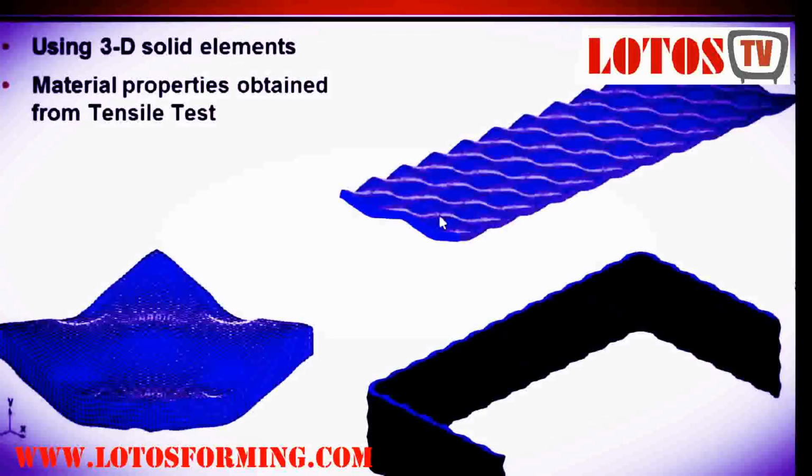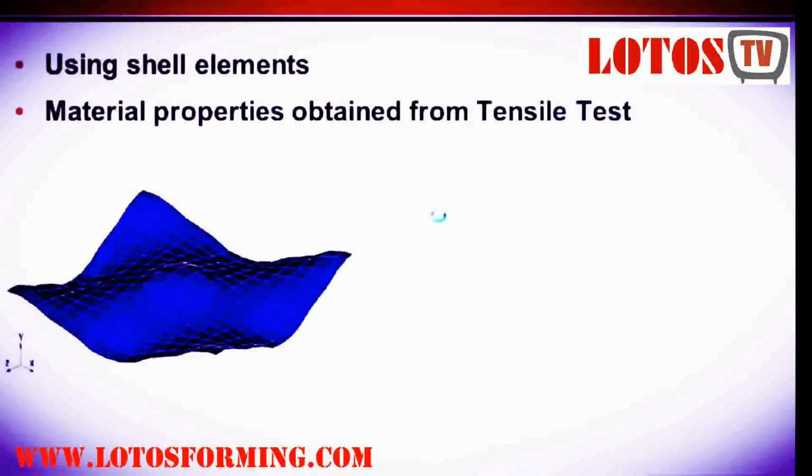But for many applications where we have very large dimple products, we do another simplified approach, in which we obtain the mid surface from the dimple 3D element that we created previously.